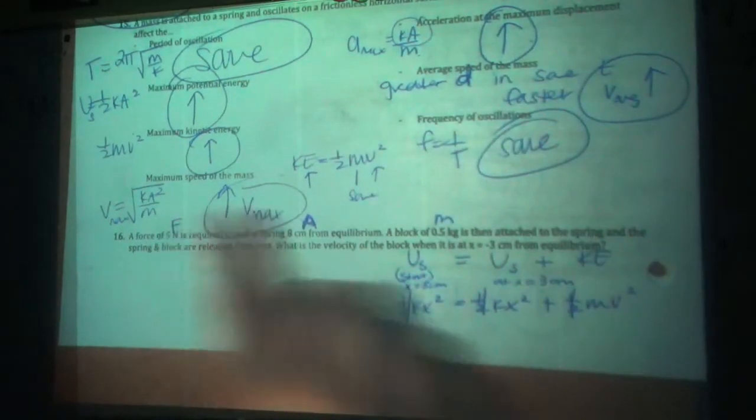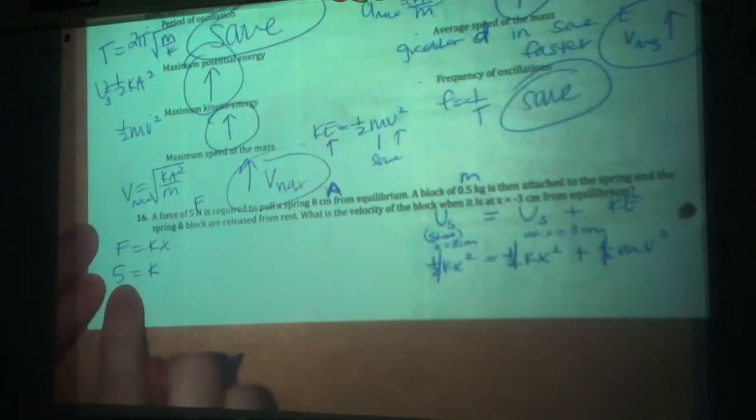But I can find that if I know the force required to go to this x distance. Because if F equals kx, then I can plug in F, use my x to find my k. Now we need to be careful because in physics, if we want all of our other units to work out and my numbers to work out, we have to use our standard units. Our standard units for x or amplitude or distance is going to be in meters, not centimeters.